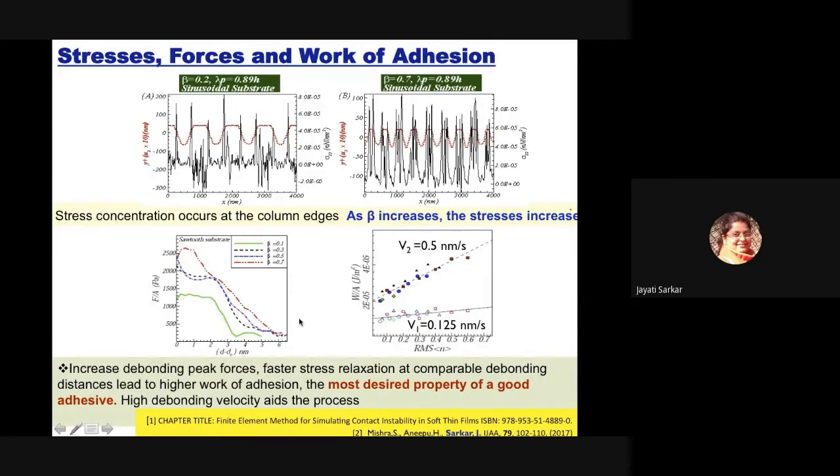For any adhesives, one would understand that the increase in work of adhesion is the foremost thing that one looks into in an adhesive film. It has also been seen that if the velocity of withdrawal is less in these cases, the work of adhesion should also increase. So that is what has been found in the case of patterned substrate films.